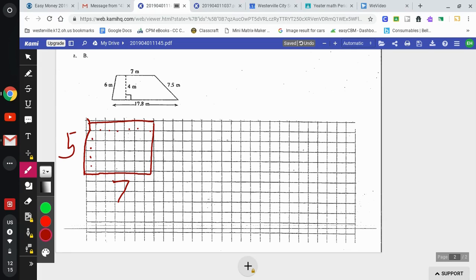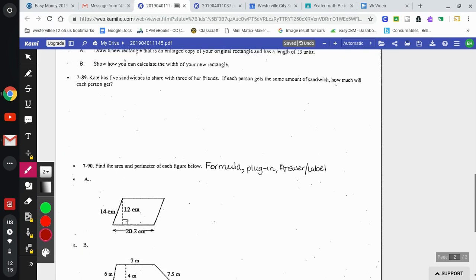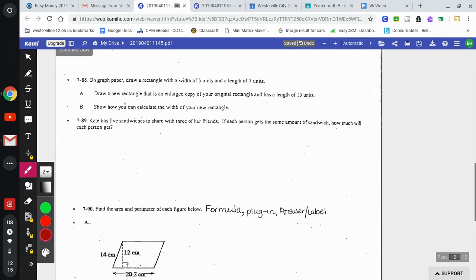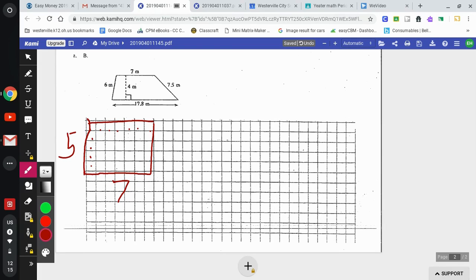So once you have your 5 by 7 rectangle, draw a new rectangle that is a larger copy of your original and has a length of 13 units. So your new length is going to go from 7 to 13. So I got my new length of 13.